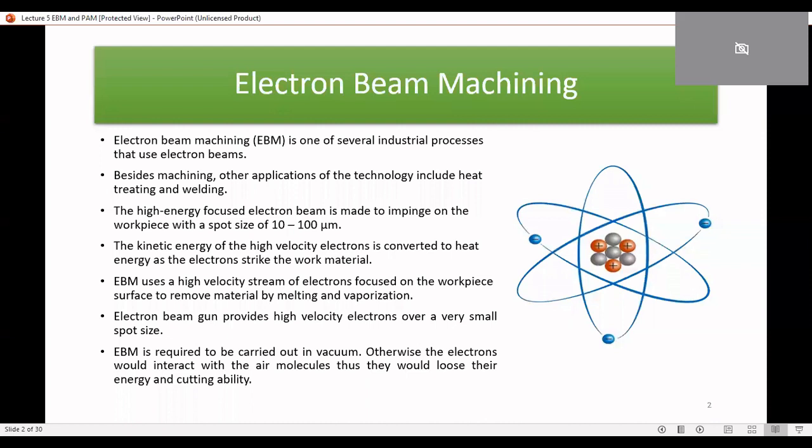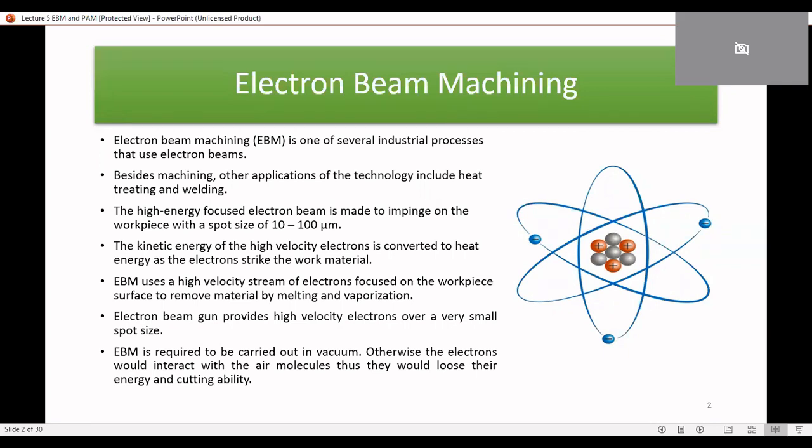So let's go through the first slide. This is page number 2. EBM is one of the several industrial processes that use electron beams. As mentioned before, after this, when we talk about laser beam machining, we will also use an electron beam as a machining process.